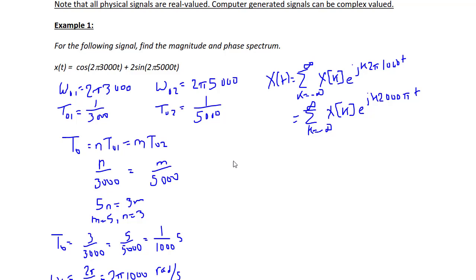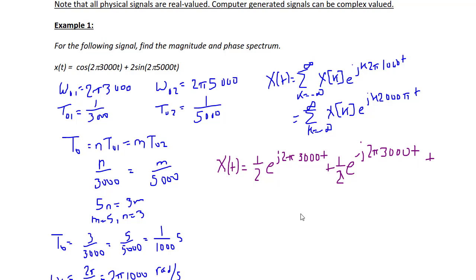We can use Euler's identity to rewrite x(t) as 1/2 e to the j 2 pi 3000 t plus 1/2 e to the negative j 2 pi 3000 t plus 2 over 2j e to the j 2 pi 5000 t minus 2 over 2j e to the negative j 2 pi 5000 t.